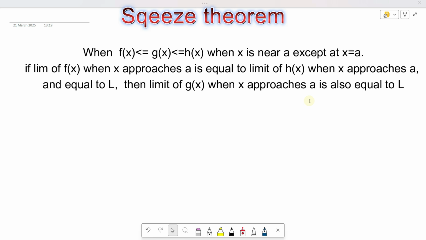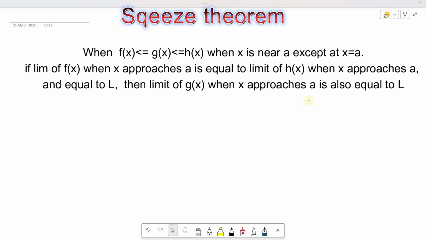The theorem says that if we have a function f of x which is less than or equal to another function g of x, and this function is also less than or equal to another function h of x, when x is near a given point a, except at that point a, and if the limit of f of x when x approaches a is equal to the limit of h of x when x approaches a, equal to L, then the limit of g of x when x approaches a is as well equal to L. And this squeeze theorem is also very important when we are calculating limits.